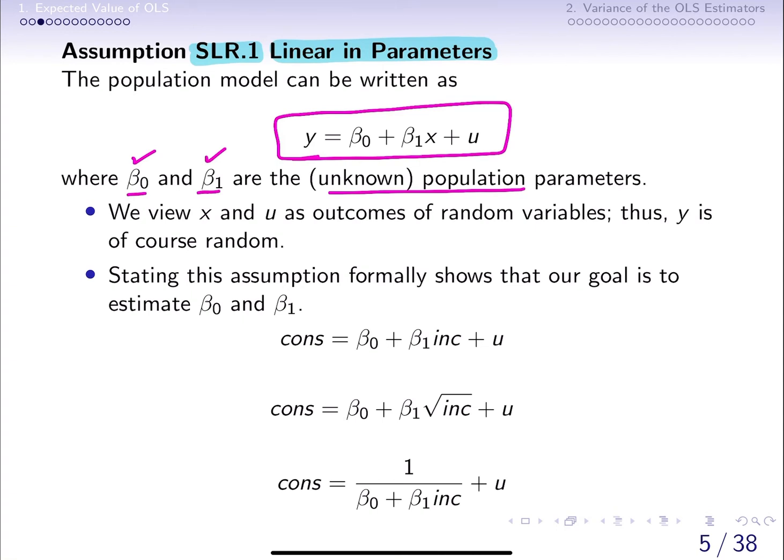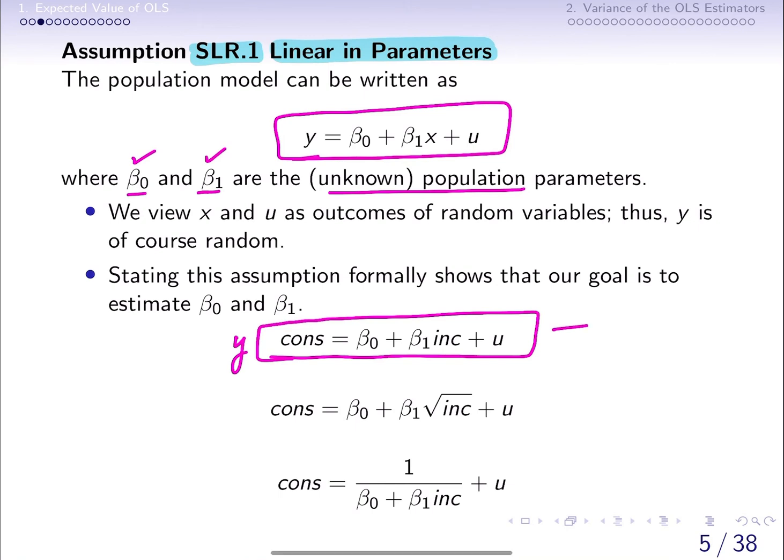Now, you might want to think about some examples here, right? So take a look at this equation right here. This is saying that y, which is your consumption, is a function of income, right? How much you consume is dependent on your income level, okay? So this is a very simple model, very intuitive, right? That consumption should be a function of income.